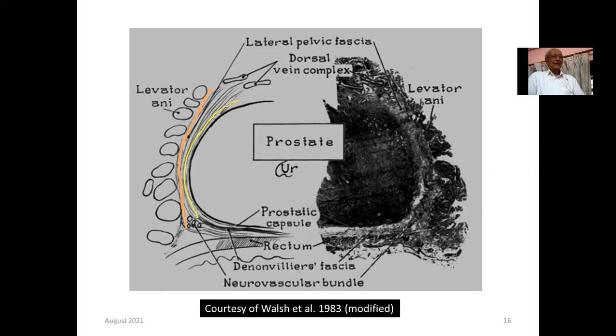Transurethral resection of prostate, TURP. The prostate is removed from inside, and the capsule is kept intact.